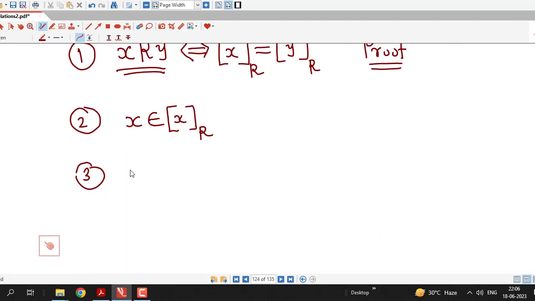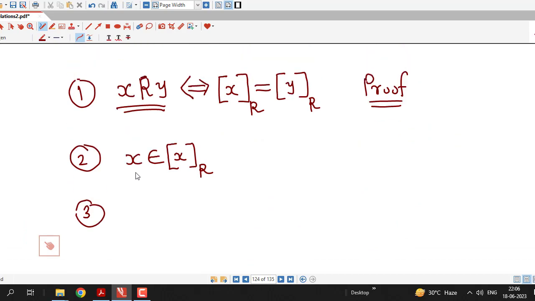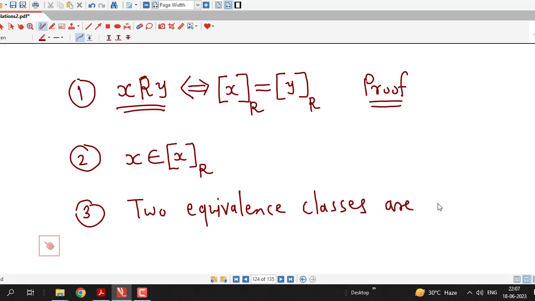So that is another property, that two equivalence classes are either equal or disjoint.